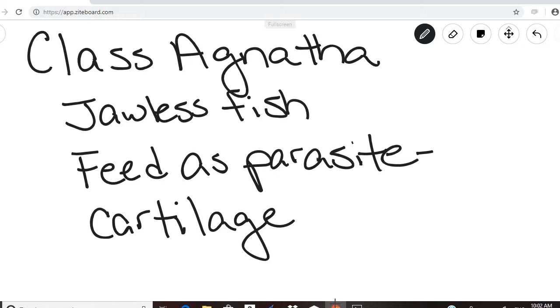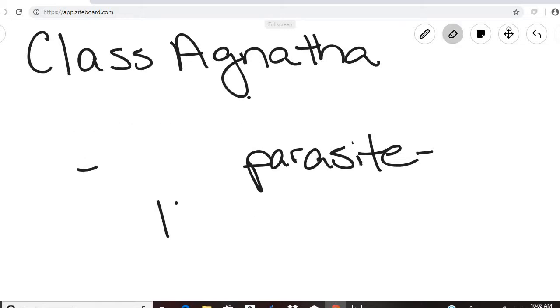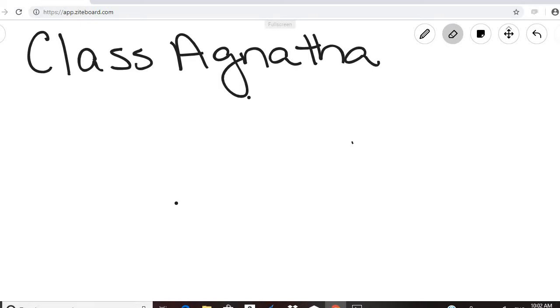It doesn't have calcium as a component of it, so it's very flexible, strong but not as strong as bone, and very flexible. The other thing about class Agnatha is that they are what we call anadromous.